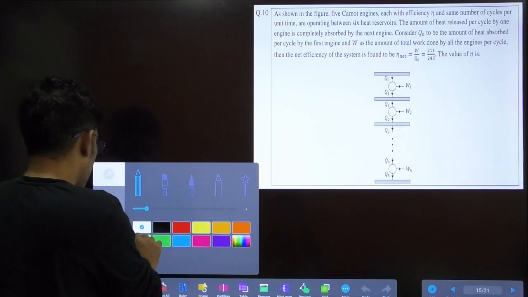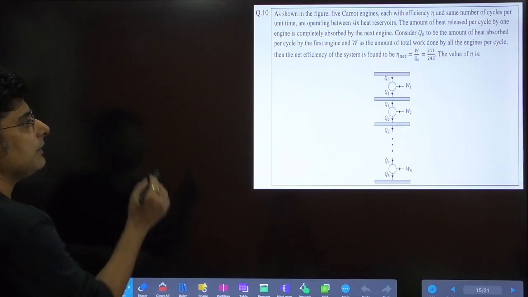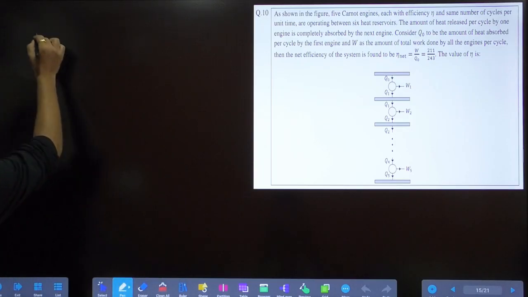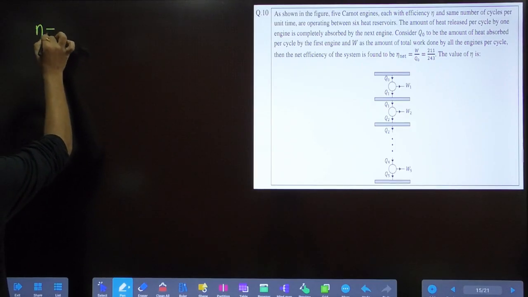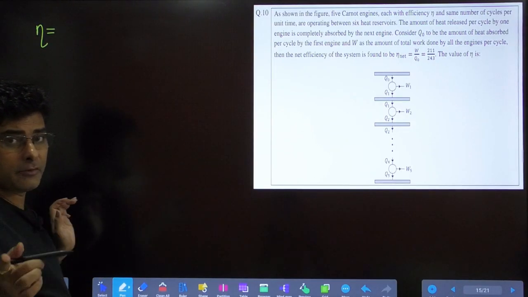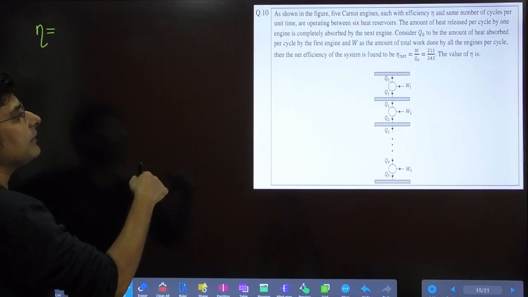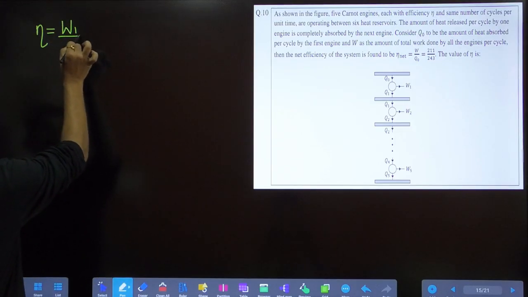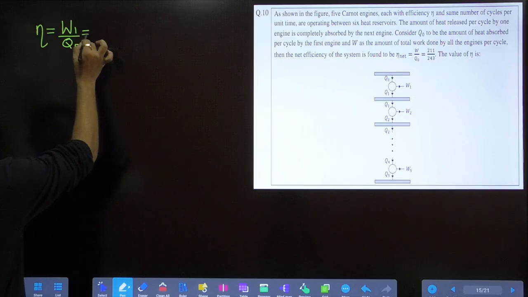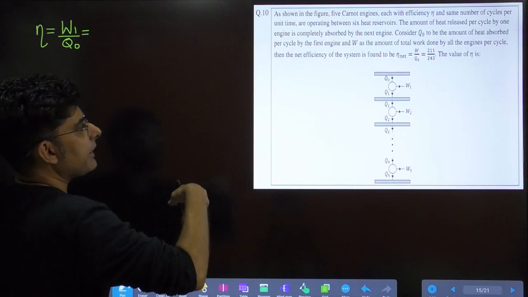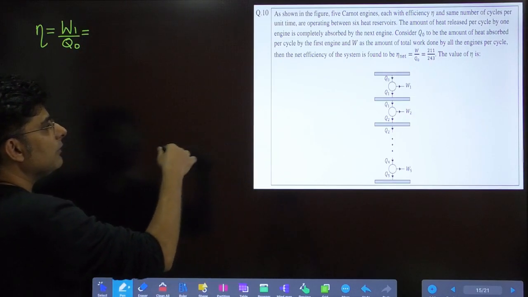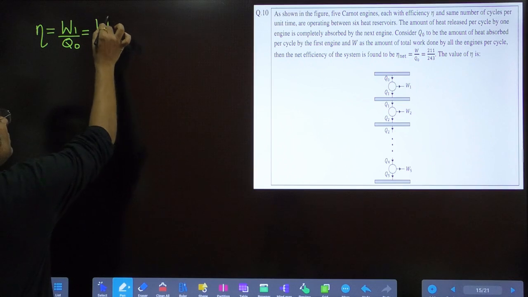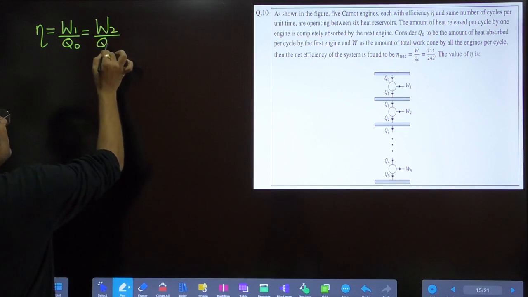First of all, what we can say from here is each one's efficiency is eta. Efficiency is work done by heat supplied. So for the first one, work done is W1 and heat supplied is Q0. This same efficiency is of the second engine also, so for the second engine it is W2 by Q1.